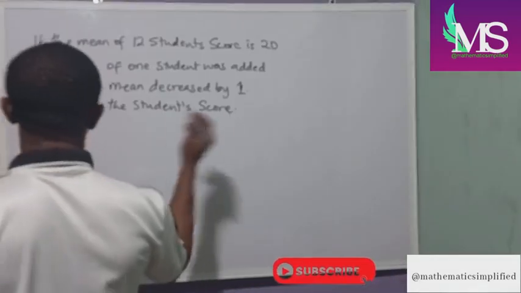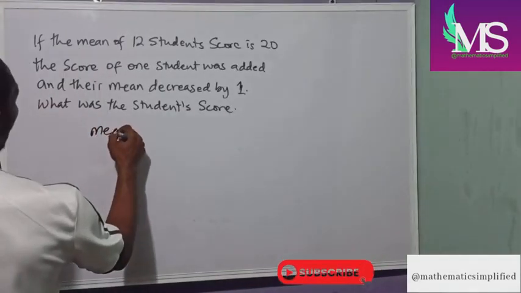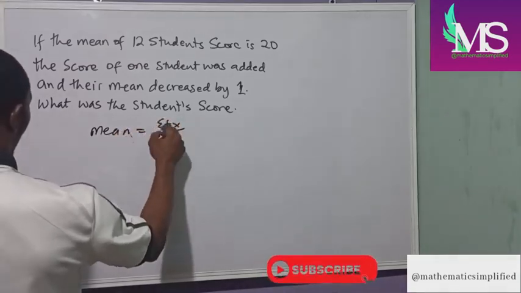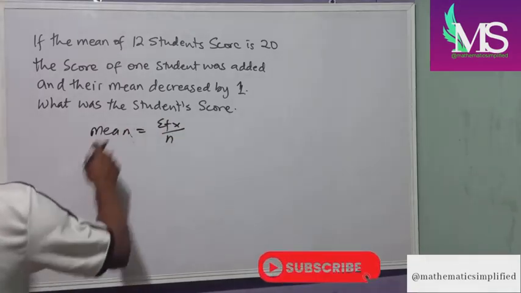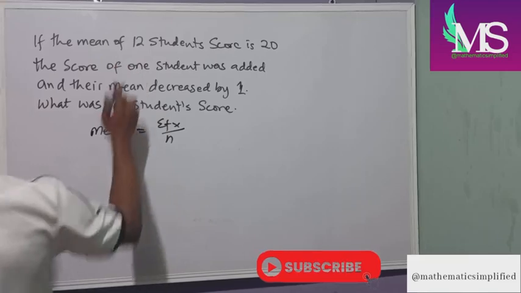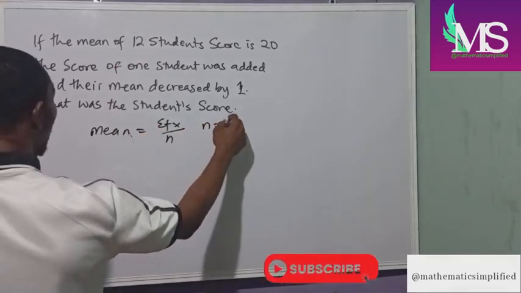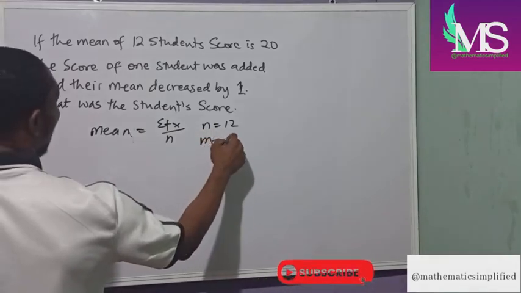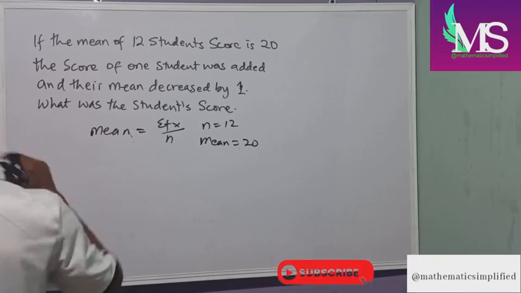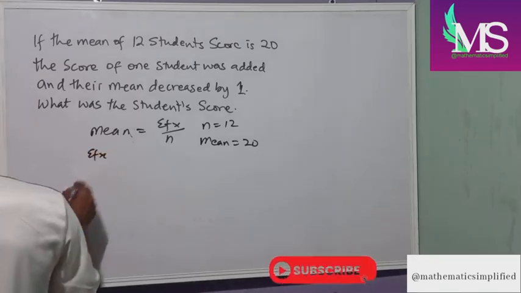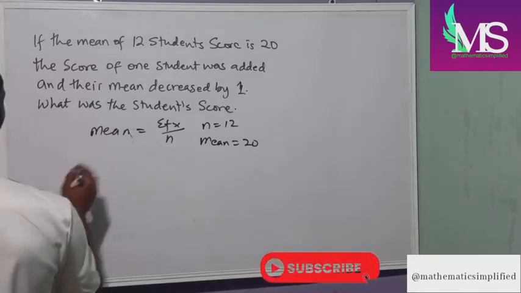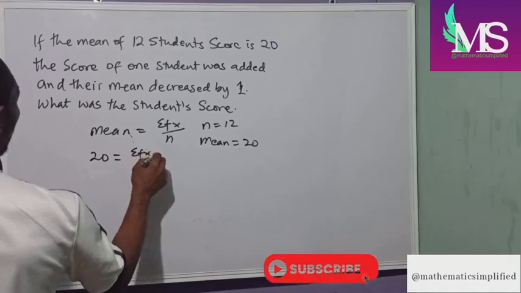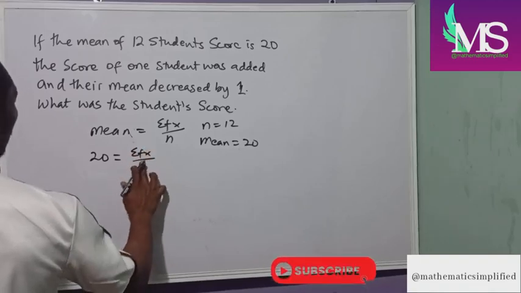We know that the formula for mean equals sigma fx over N. They've told us that the mean score of 12 students, our N is 12, and our mean is 20. So 20 equals sigma fx over N, which is 12.